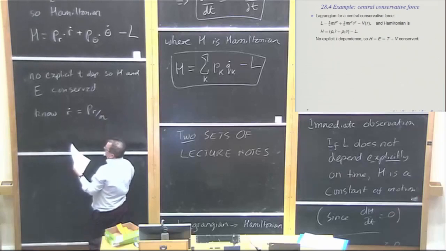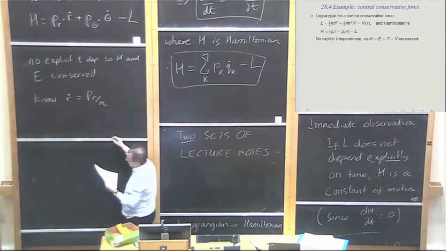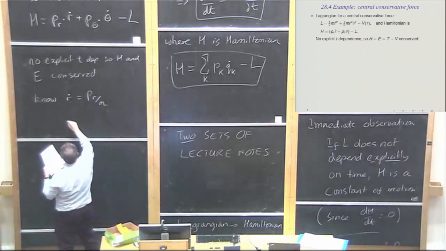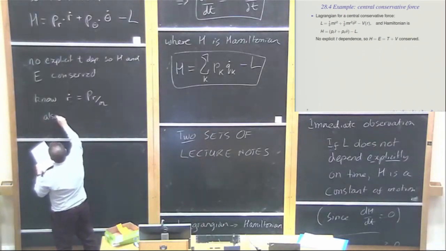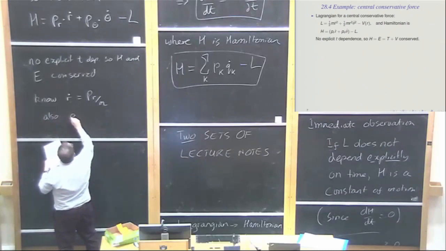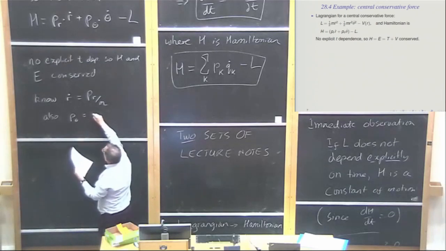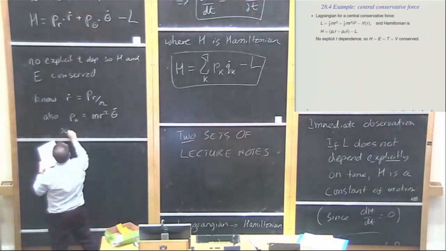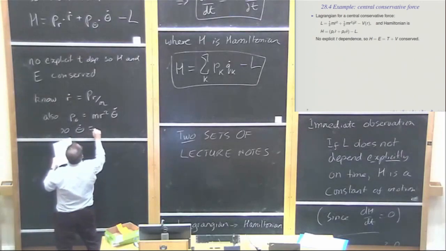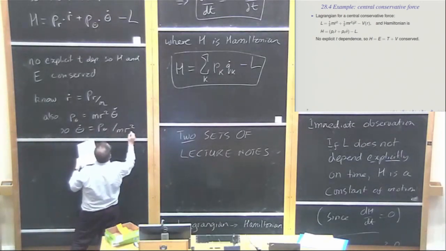That's obvious, right? And similarly, theta dot: p theta, the angular momentum, will be given by m r squared theta dot. So theta dot is p theta over m r squared.